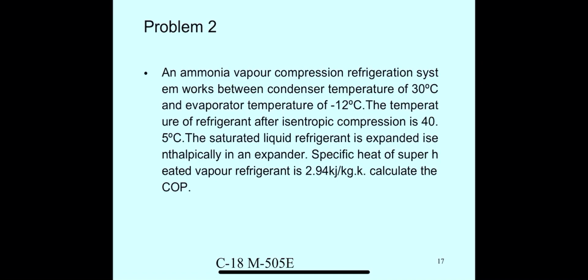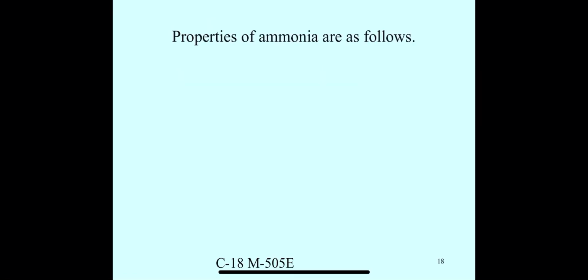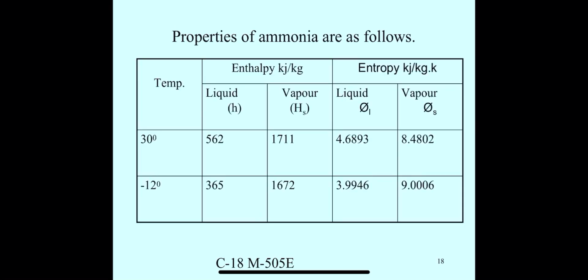The saturated liquid refrigerant is expanded isentropically in an expander. The specific heat of superheated vapor refrigerant is 2.94 kilojoules per kg Kelvin. Calculate the COP. The properties of ammonia are given as follows, a table chart for the liquid state and vapor state for the H and S.